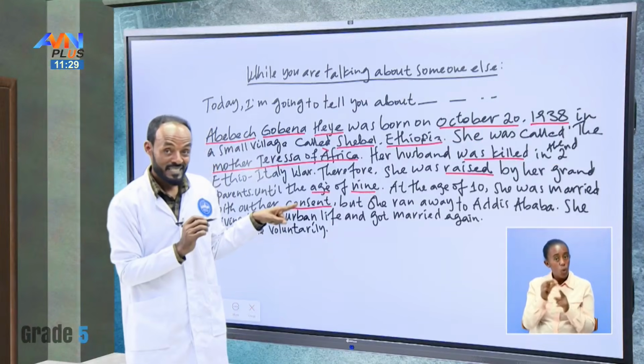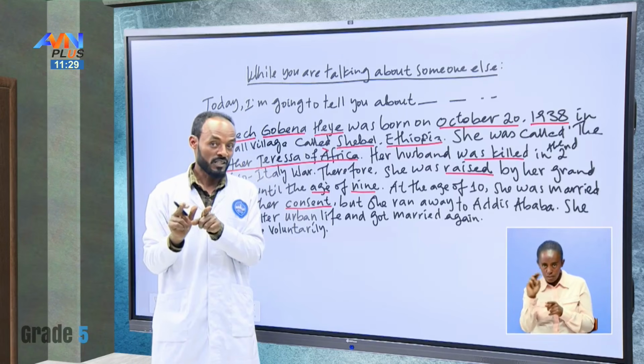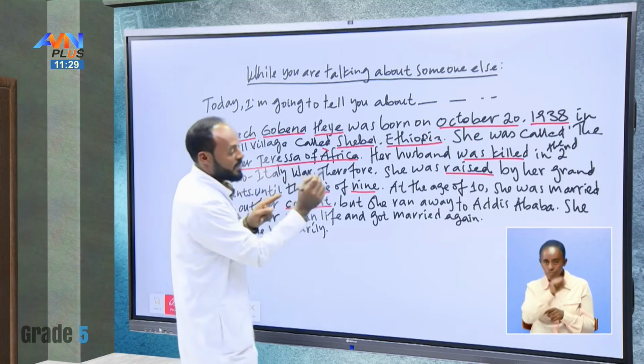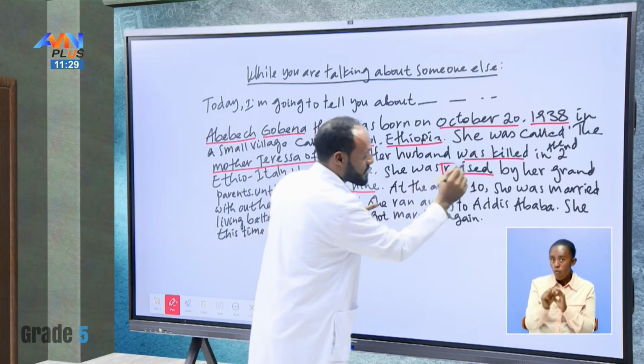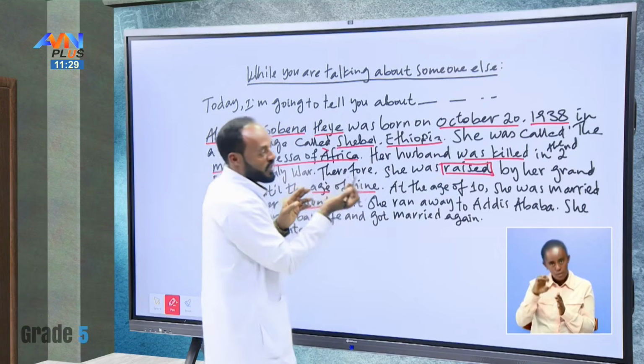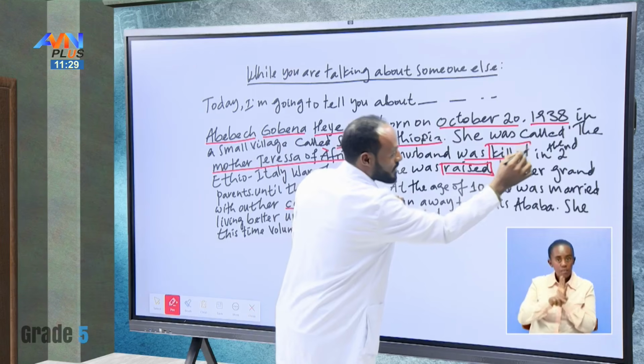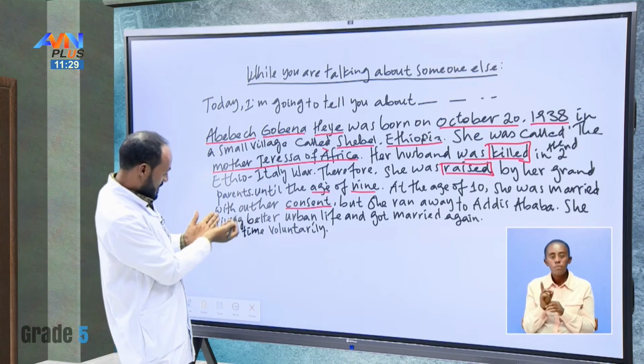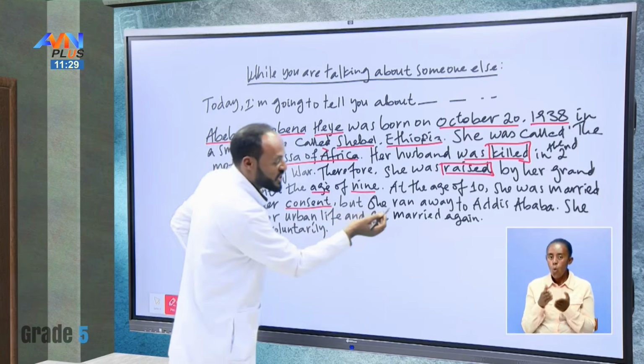The word consent will be guessed. You will guess the meaning of the word consent, the meaning of the word raised, the meaning of the word killed, and also the meaning of the word what? Here we will see it. Consent. But she ran away.